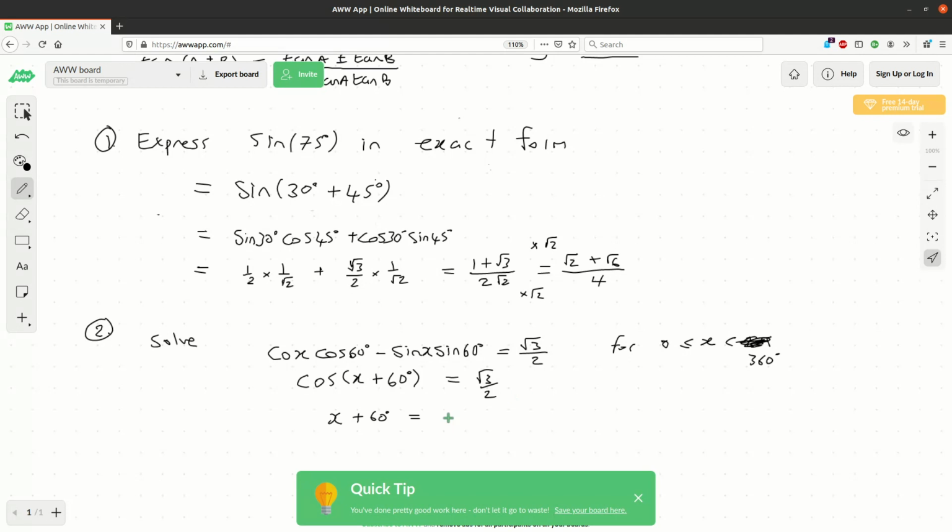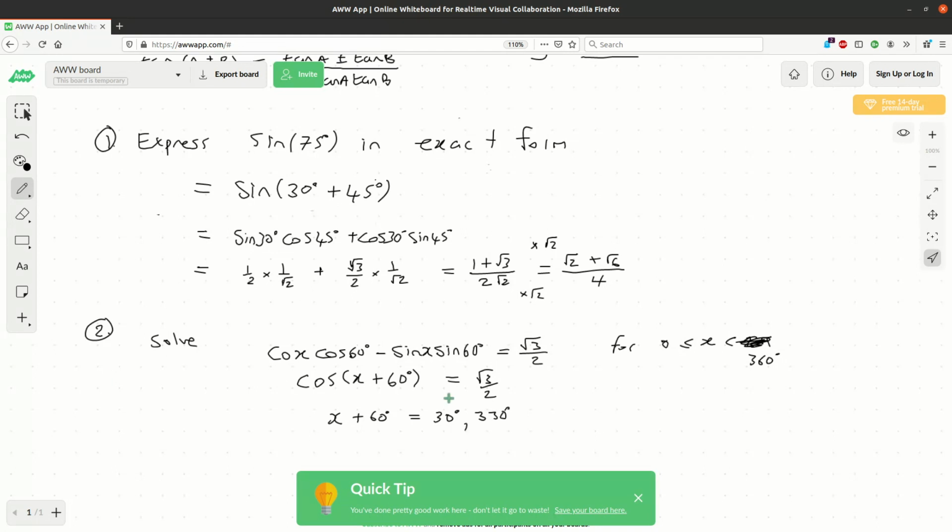You can look ahead and think as well, I'm going to take away 60 in a second, so this one is not going to be in the range anyway, but then add another 360 to it, you get 390. And then put dot, dot, dot, further solutions there. But the only two which are going to be in our range are 270 and 330.